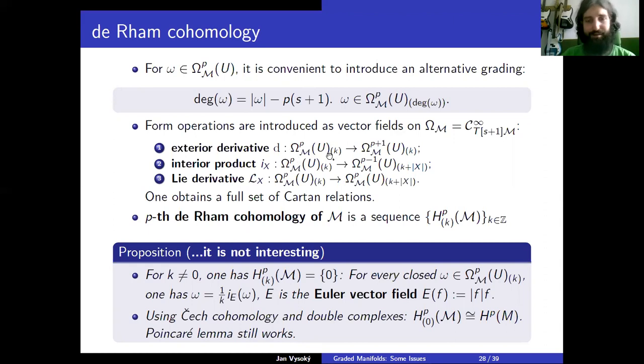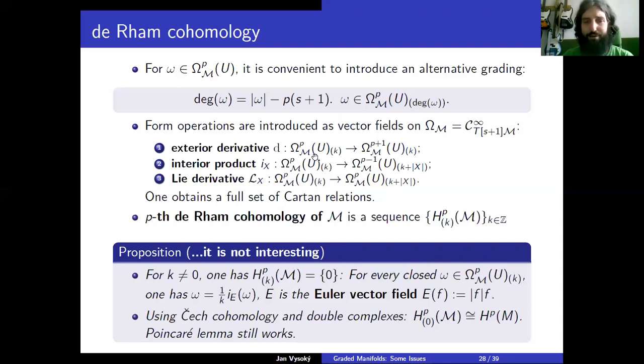The interior product shifts this degree by the degree of the vector field I plug into it, and the Lie derivative also shifts this degree by the degree of the vector field I use for my Lie derivative. And one obtains a full set of Cartan relations. And observe that there is no s here in the degrees of my exterior derivative, interior product, and Lie derivative.